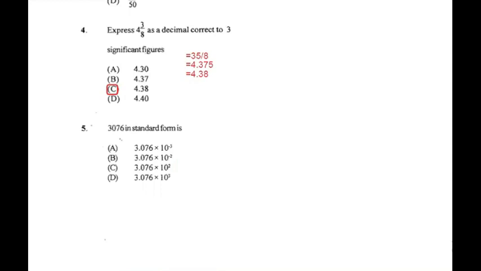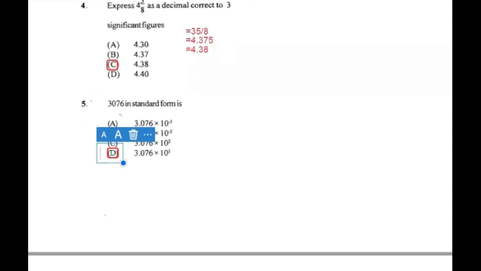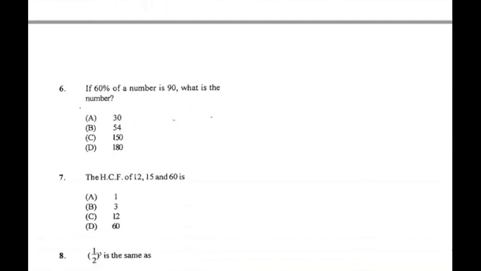So our answer is 3.076 times 10 to the 3. Sometimes students mix it up and put the -3, but if you look at the direction we're moving, from right to left, that usually comes with a positive notation. So it's D, 3.076 times 10 to the 3.